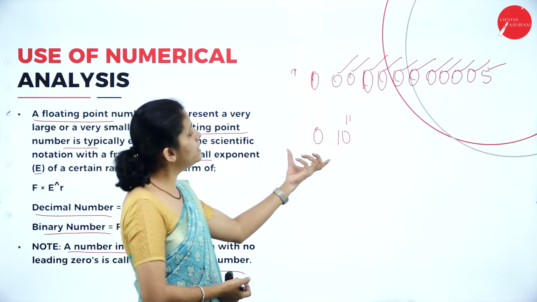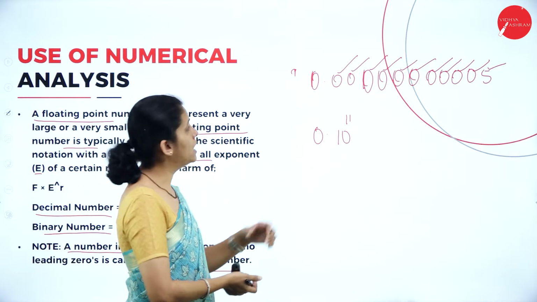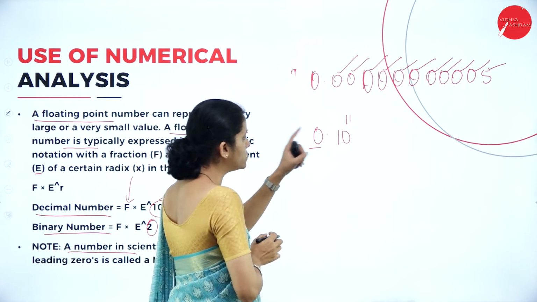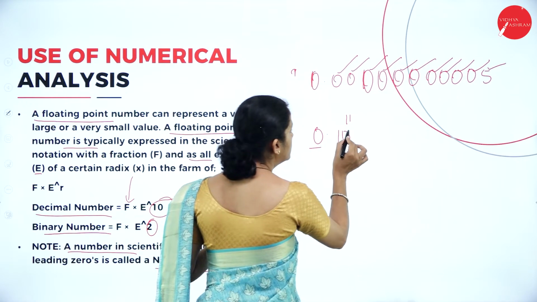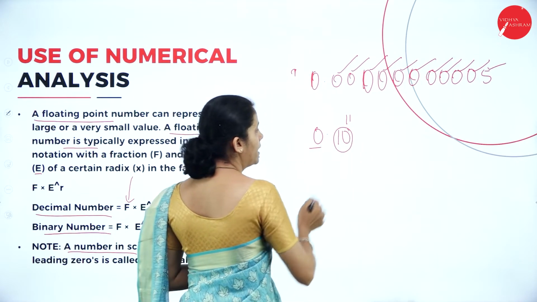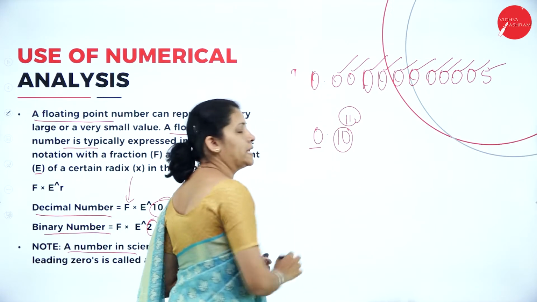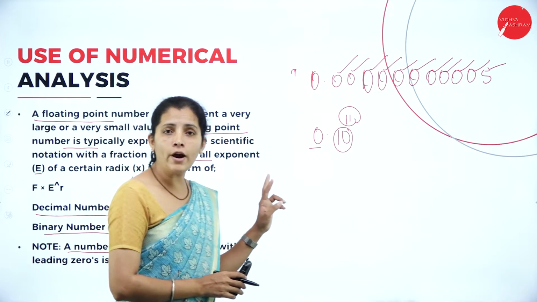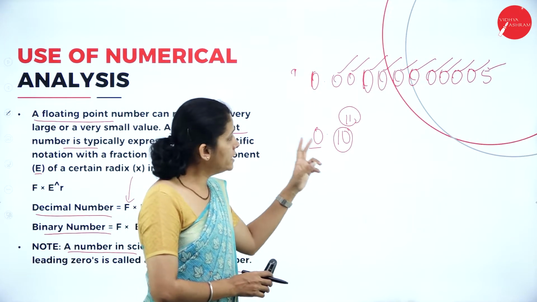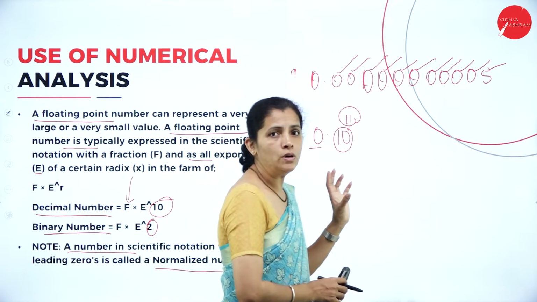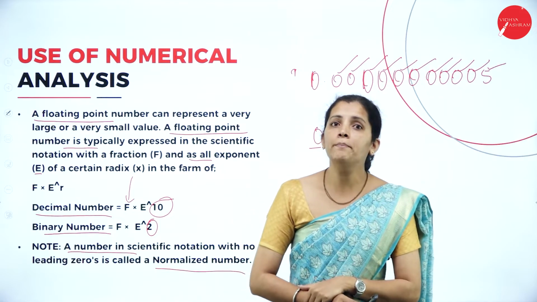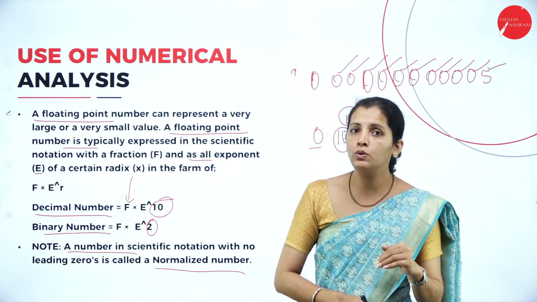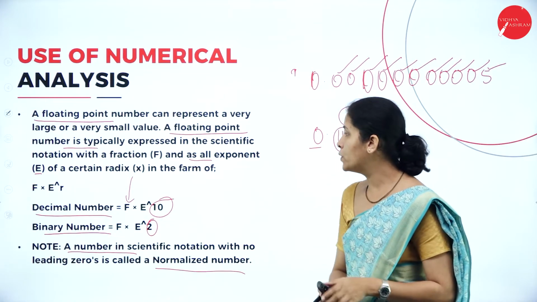So, how many memory locations do I require? I require one memory location to store 0 and to store the base and to store the exponent. That means by using floating point representation, I am able to save memory instead of wasting it.